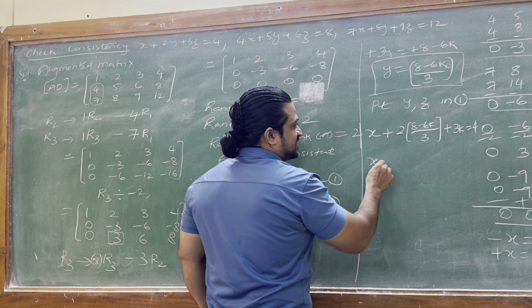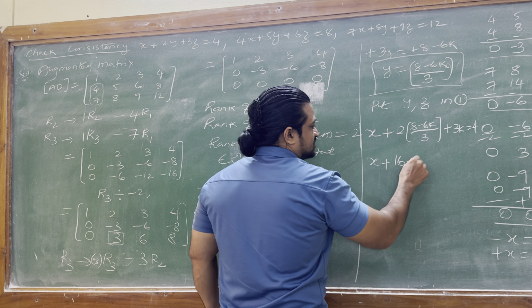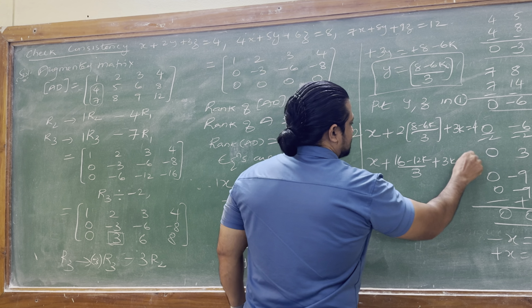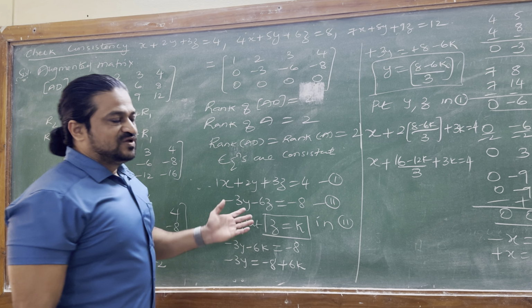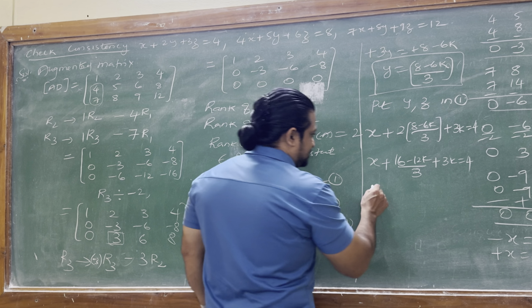Now x plus 2 is multiplied to both the values. Now we will set all values to right side. X equals to 4. This goes that side, becomes minus of 16 minus 12k by 3, and this plus 3k goes that side, becomes minus 3k.